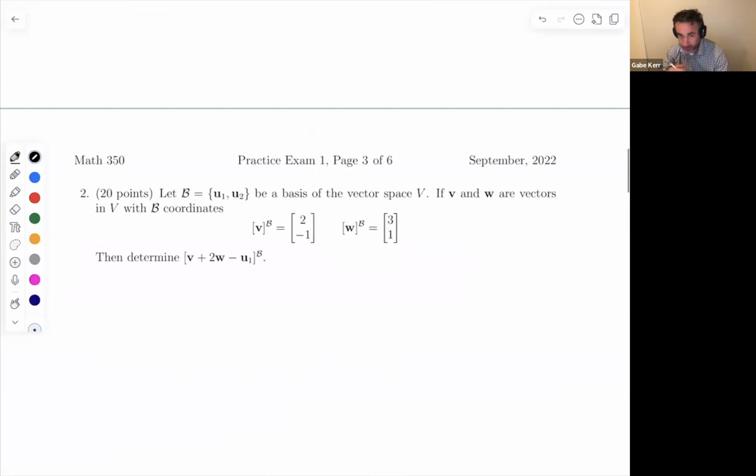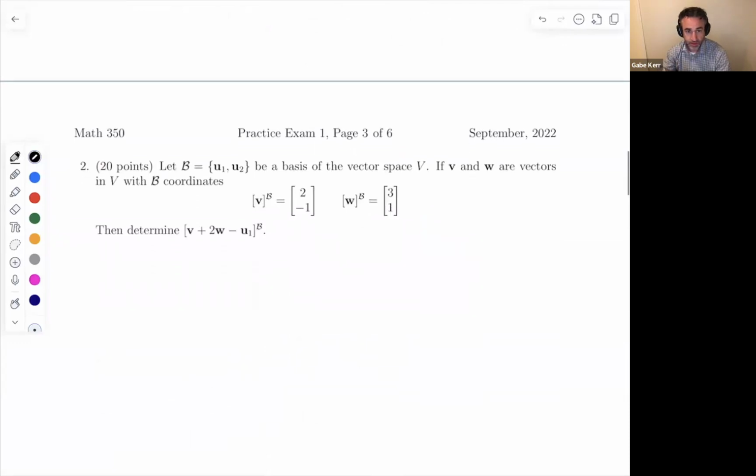All right, so here's question 2. This is just about getting coordinates. I give you a basis U1 and U2. And then I give you a vector space V. And I gave you 2 vectors whose B coordinates are known. They're (2, -1) and (3, 1).